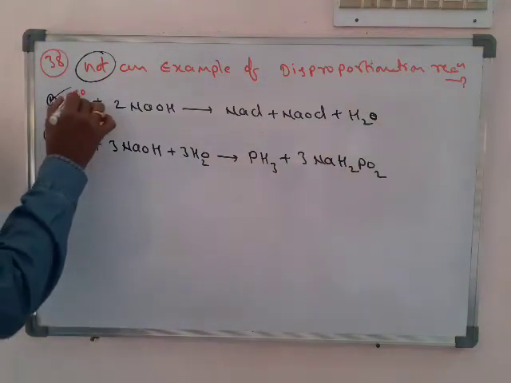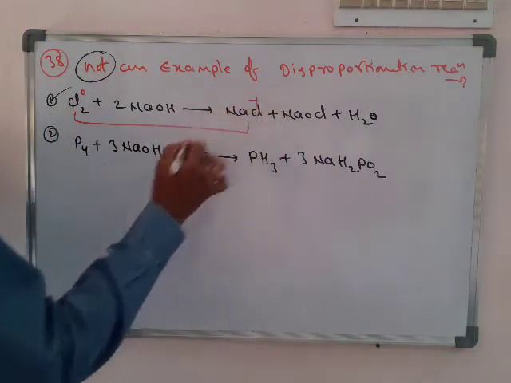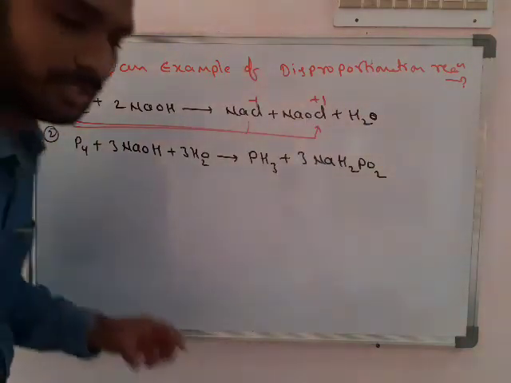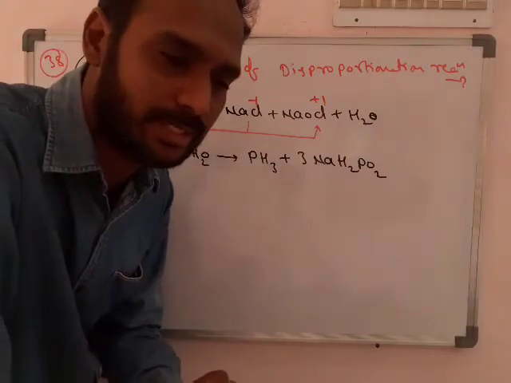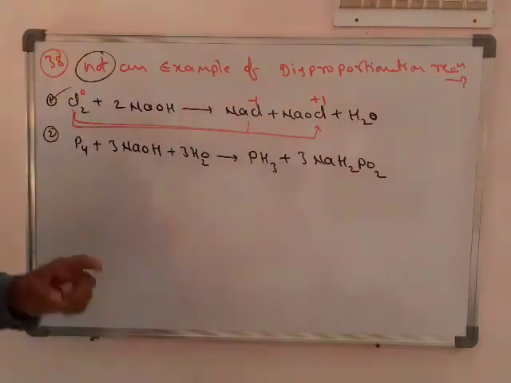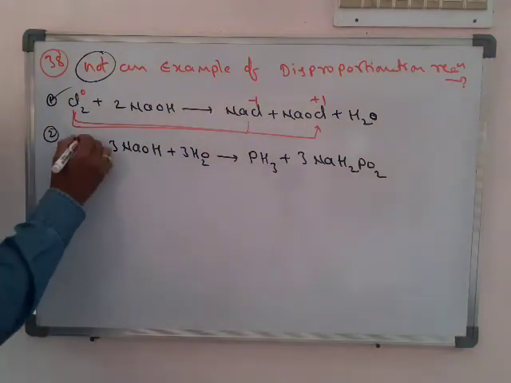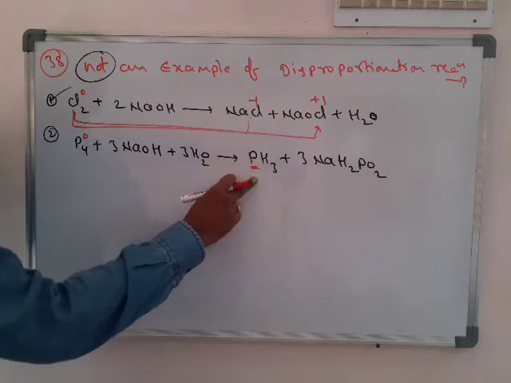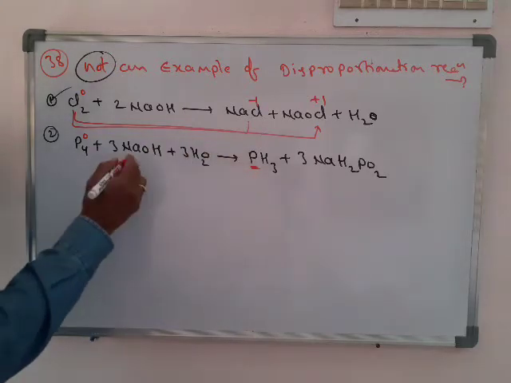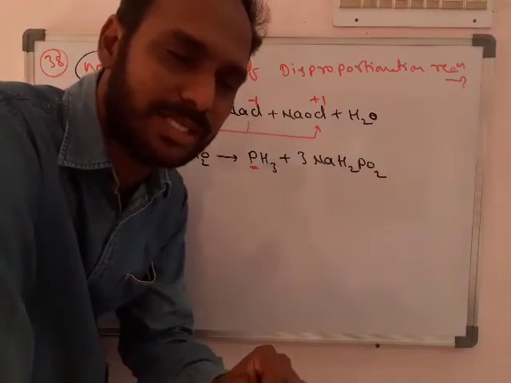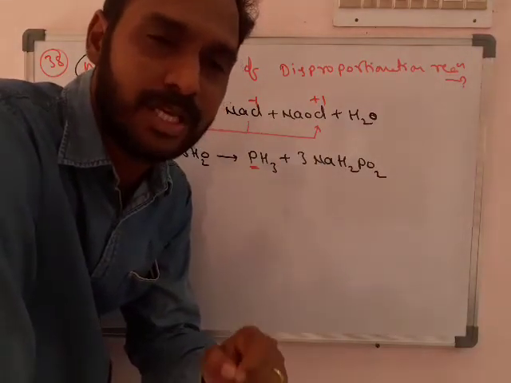Here from 0 to -1 and from 0 to +1. So the first one is a disproportionation reaction. Already we explained it in question number 22. Next, here P4, what is the oxidation number of phosphorus? Why are we comparing only phosphorus, and why not sodium? Why only phosphorus and chlorine? Because the other elements' oxidation numbers cannot be changed.